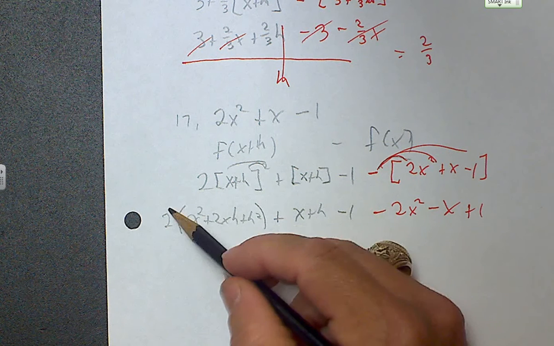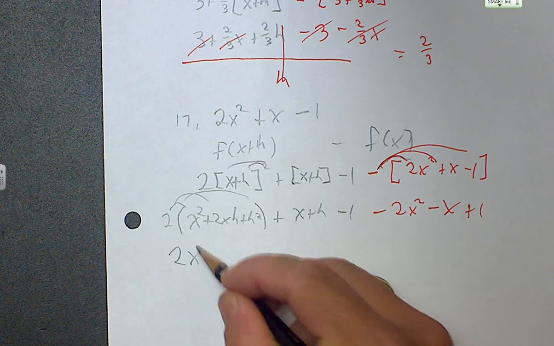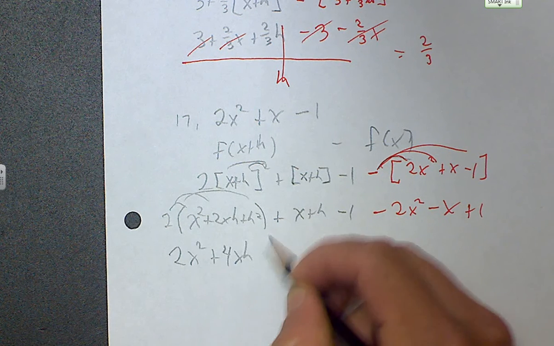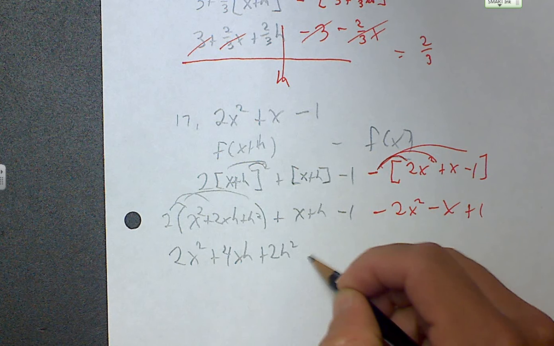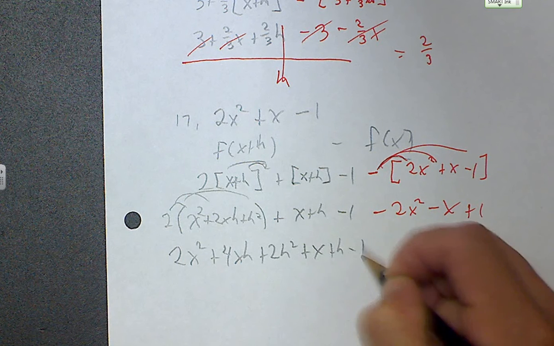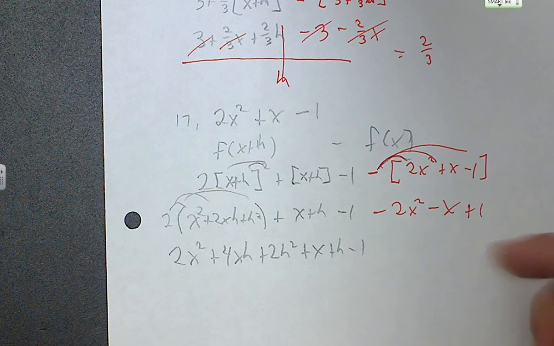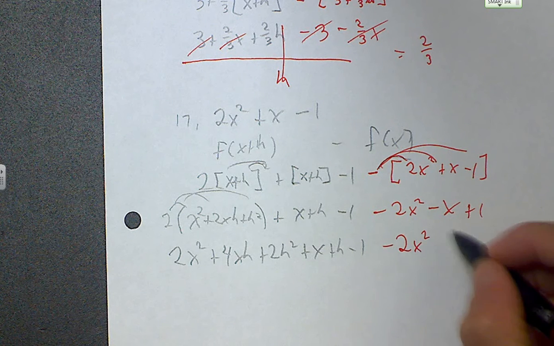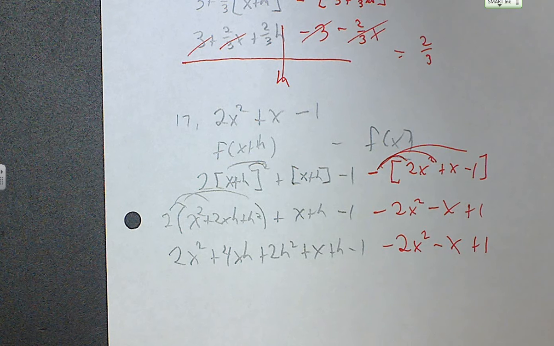That gives you 2x squared plus 4xh plus 2h squared plus x plus h minus 1 minus 2x squared minus x plus 1. You do that.